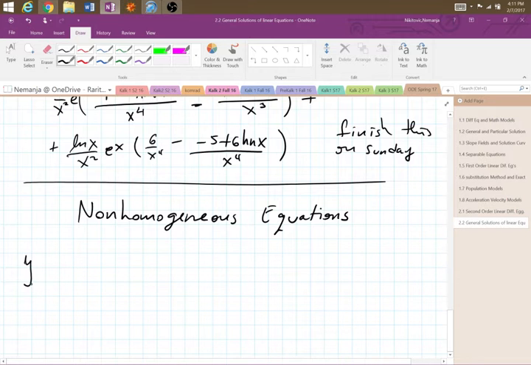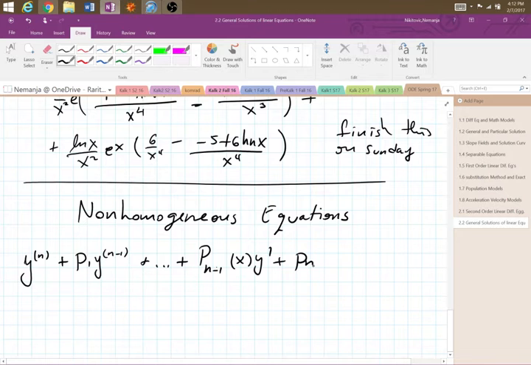So now you have that y^(n) plus p1 y^(n-1) plus a whole bunch of these dots, and we get p_(n-1) y prime plus p_n y equals f of x.